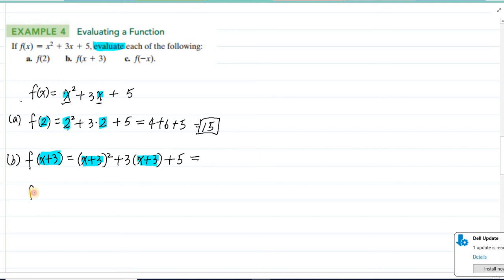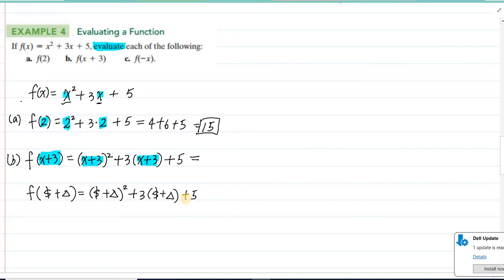For example, if this confuses you, let's say I want you to put a dollar sign plus a triangle. Then all you have to do is, any x you see, you're going to plug in the dollar sign plus a triangle, and then you have a square, and plus 3 times again the dollar sign plus a triangle, and then plus 5.